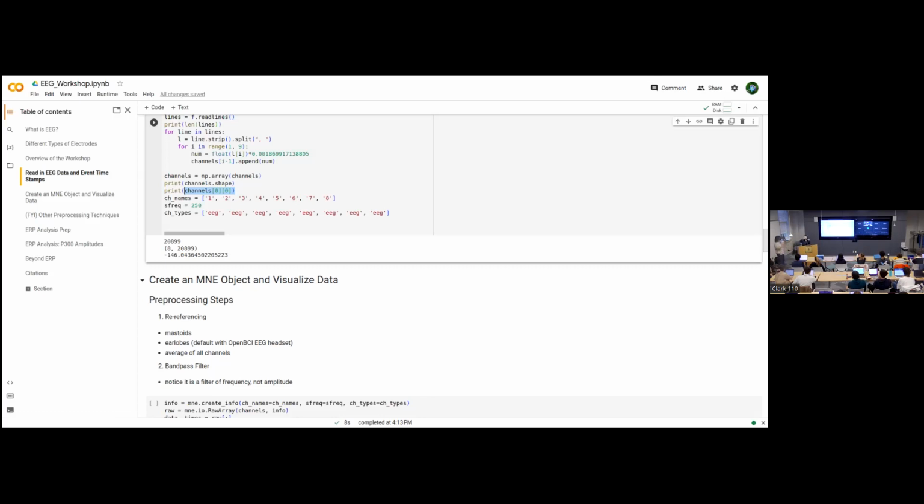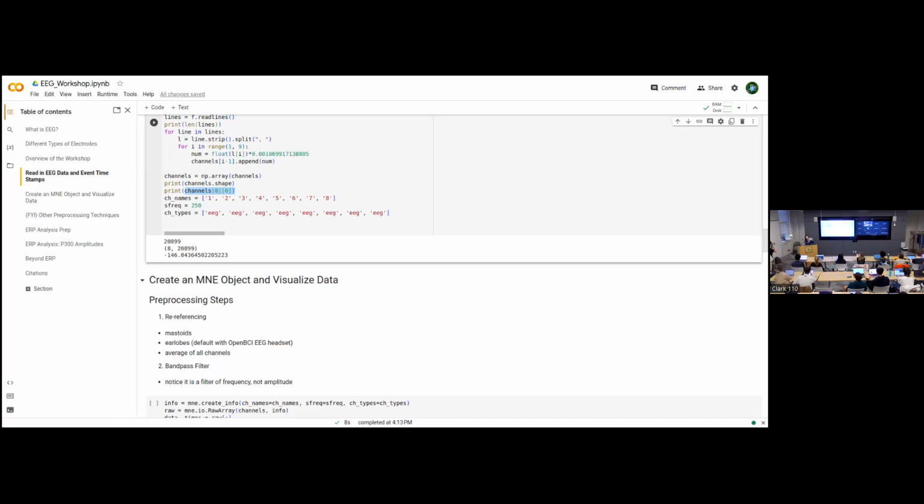This data is recorded on myself. When you put the headset on, this part is going to be in the back. The 0, 0 index actually refers to channel 1, so the electrical activity collected from this particular electrode is what we call channel 1. And this is channel 2.